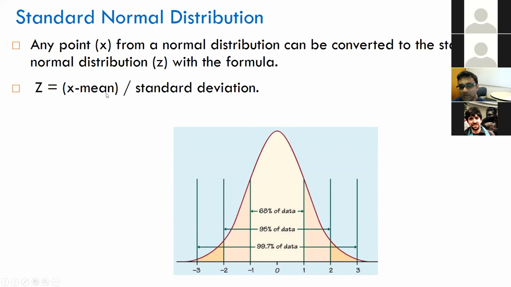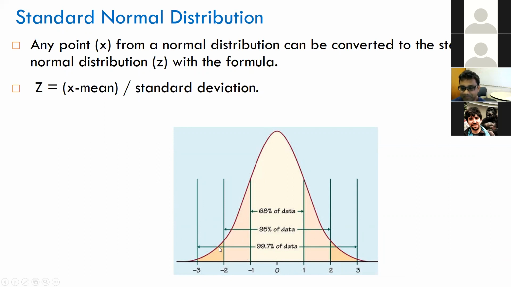You get the mean value of your data, and then for each value, subtract the mean and divide by the standard deviation. When you calculate this, you get your standard normal distribution, right? That is really important because it explains how your data behaves.